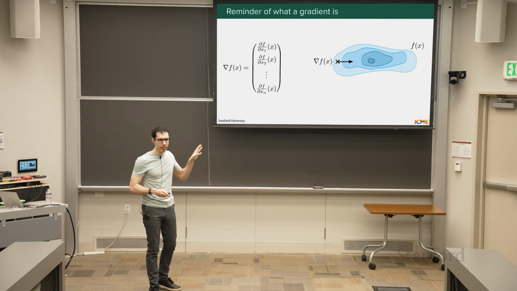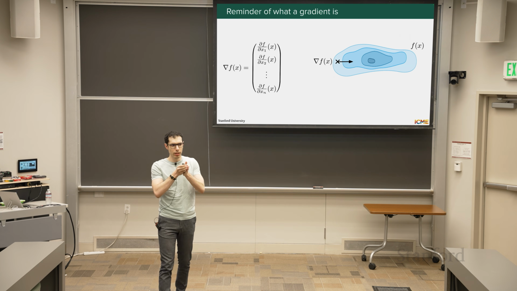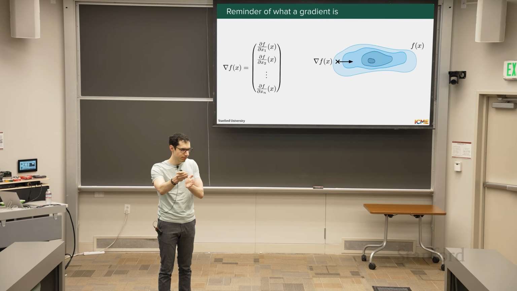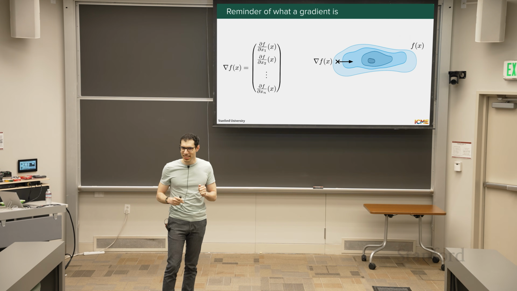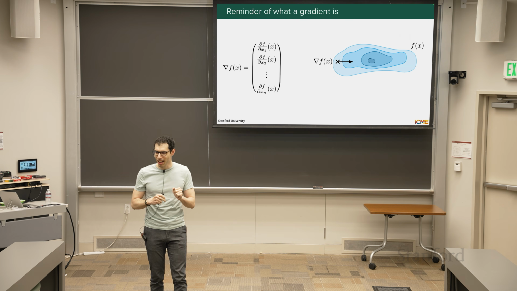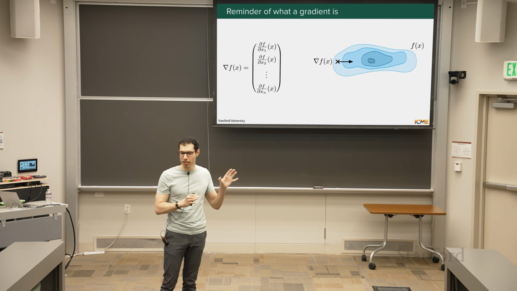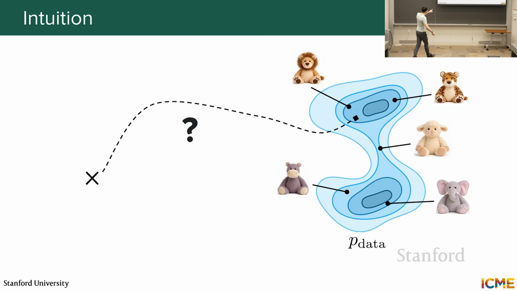And what the gradient here represents is the direction where this P of x is of higher value. So here the idea is, if we can have access to gradient of P of x, then from this starting point, we can maybe go towards region of higher density.